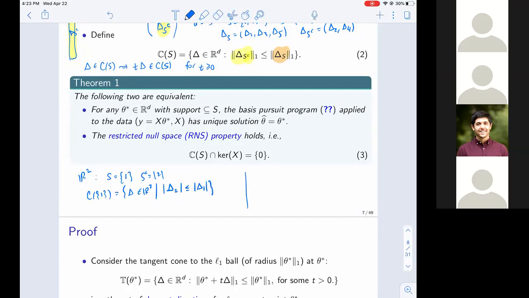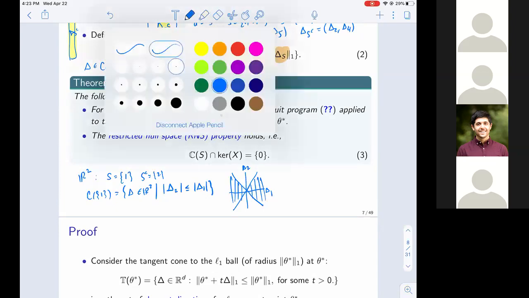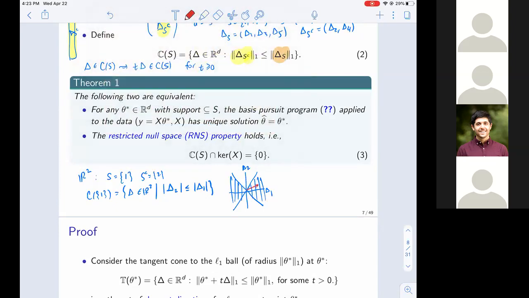If you plot it, with delta 1 on one axis and delta 2 on the other, delta 1 is bigger, so it would be this region. If I rescale, then if a vector is in here, all the points along its direction to infinity are also in the set. Those are the cones.